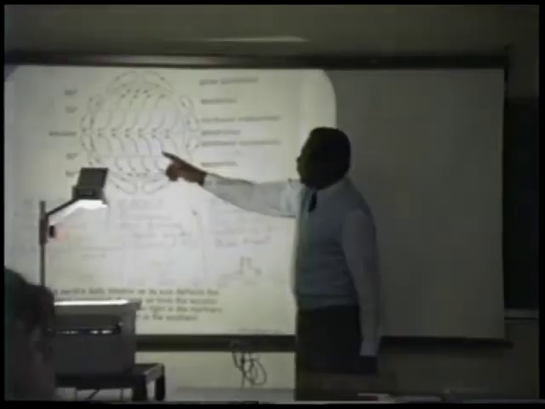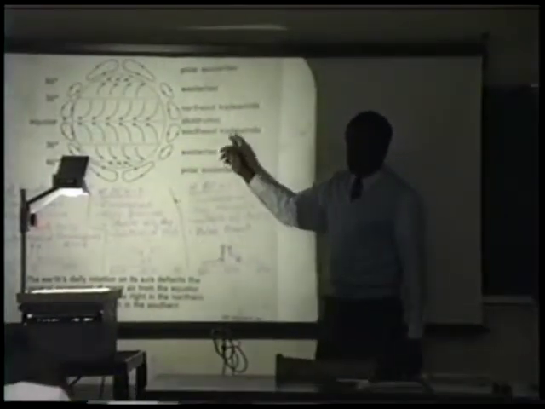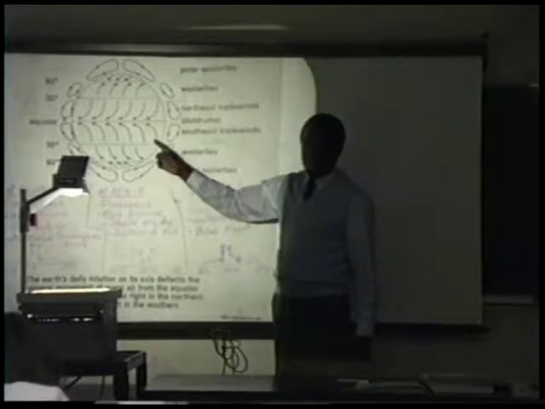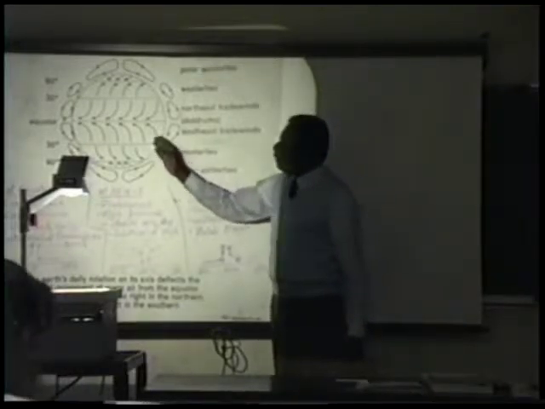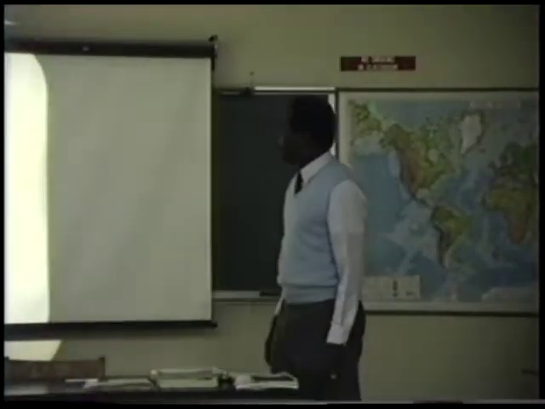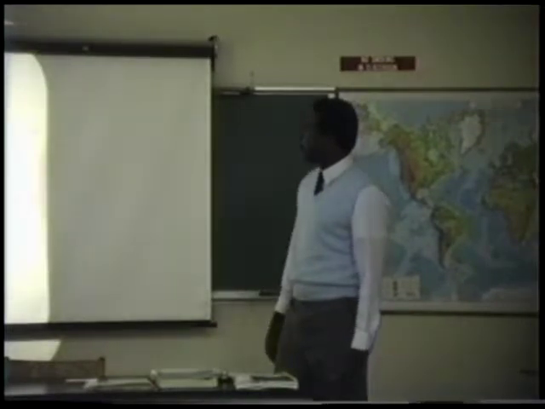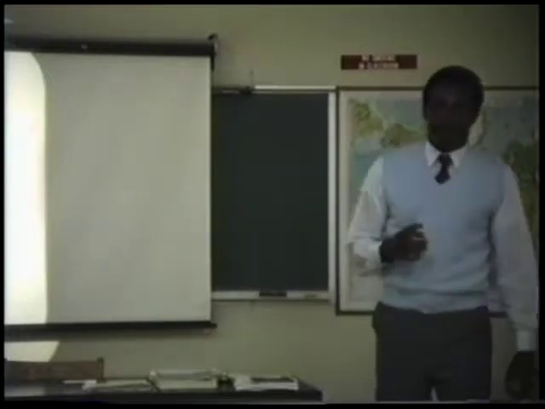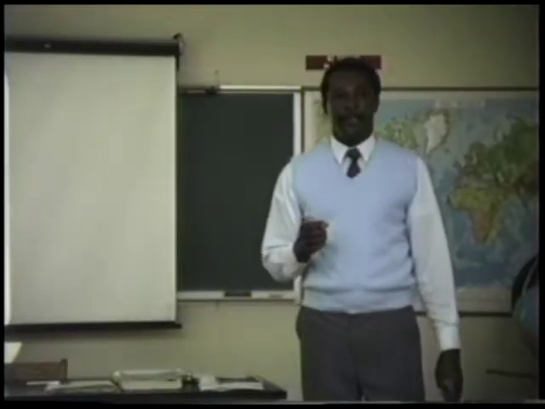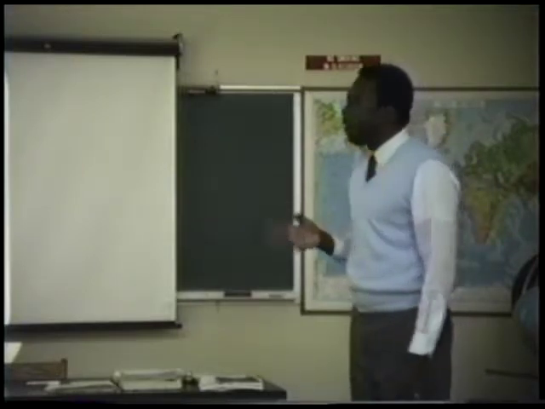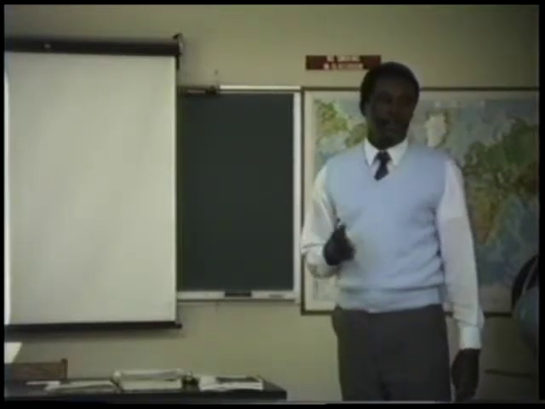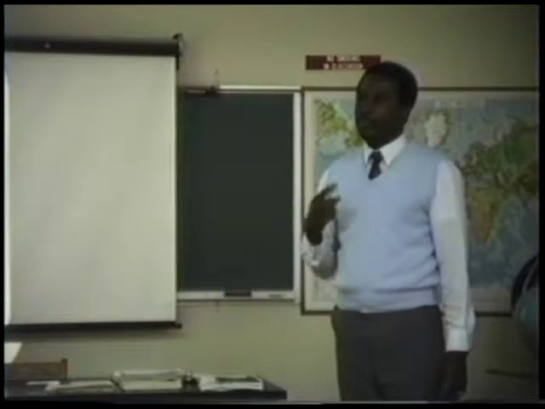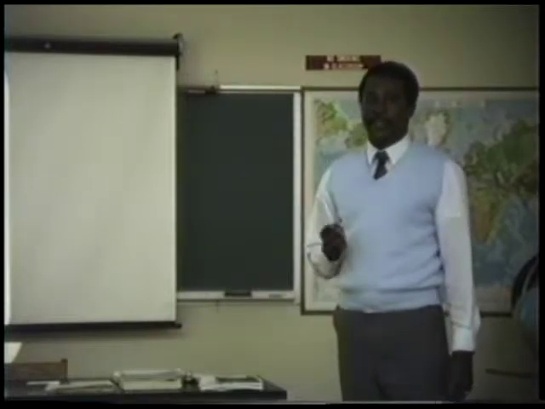Similarly, in the southern hemisphere, the southeast trade winds originate in the southeast along 30 degrees south latitude and flow toward the equator as they're deflected to the left. And so as a result, they're referred to as the southeast trade winds. This is the way in which the trade winds are set up with respect to their names, and also we can understand the reason why these winds flow in the direction in which they flow, because of the pressure gradient force as well as the Coriolis force.